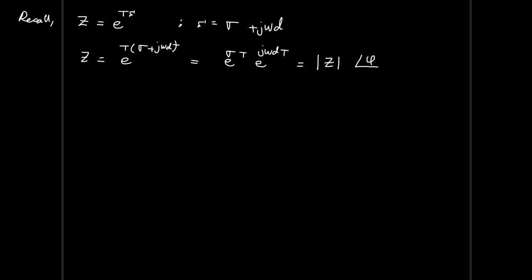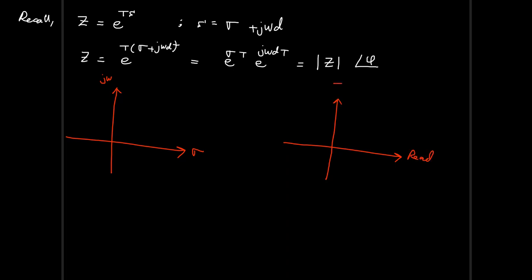So simply, if this is the S-plane, this is the sigma, this is the j omega, and let's assume that this is the z-plane, so this is the real part and this is the imaginary part. So this is the S-plane and this is the z-plane.